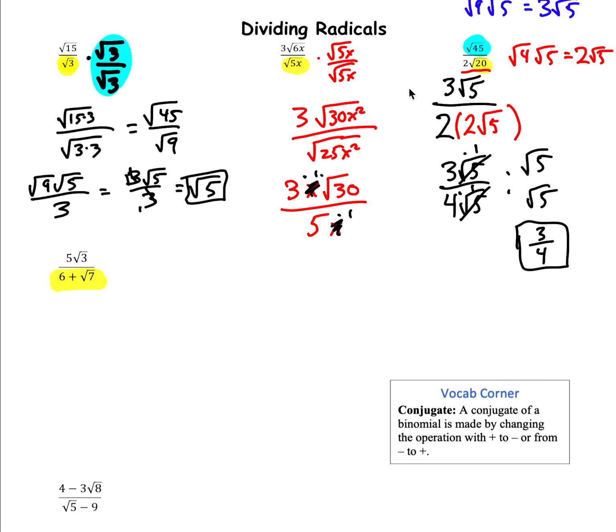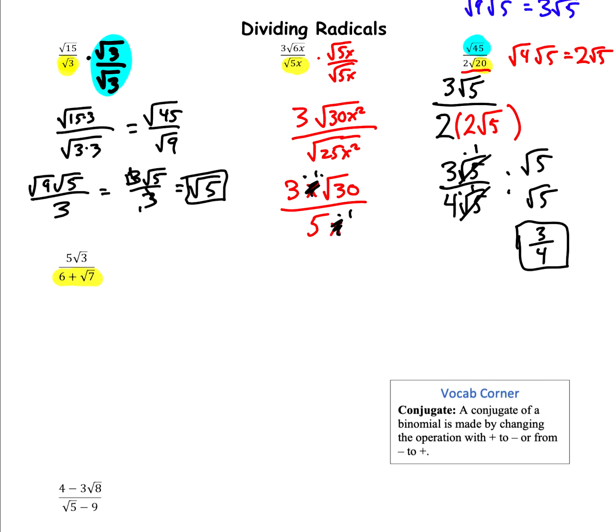And one other thing, how do I know I have to change how this expression looks? Why can't I have it written like this? Well, the denominator is an irrational number. We cannot have an irrational denominator.